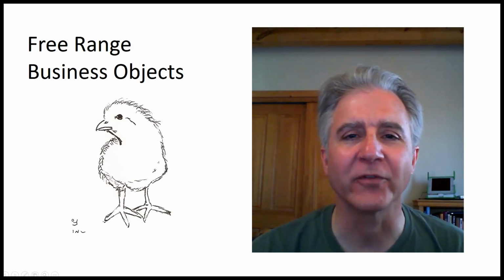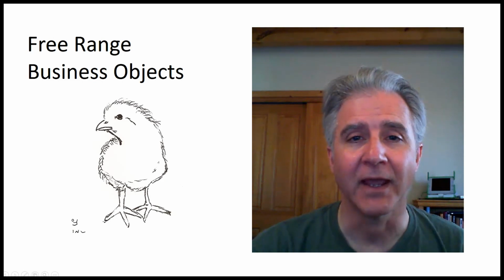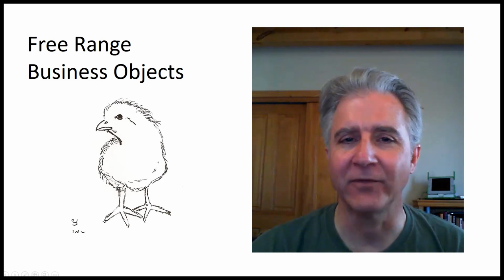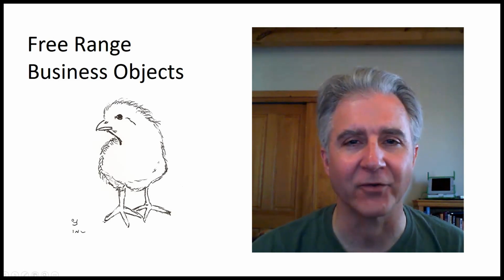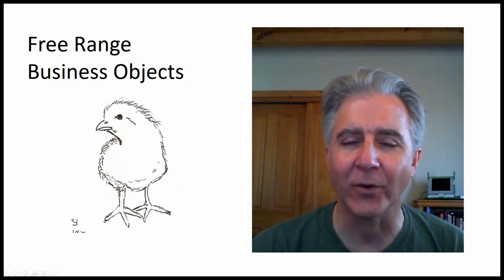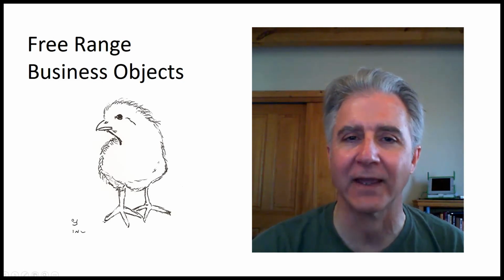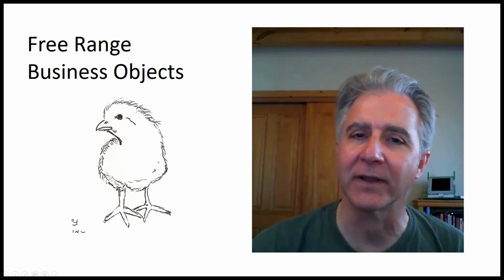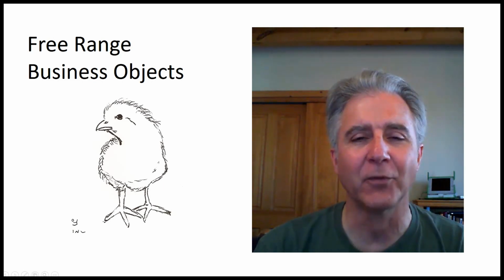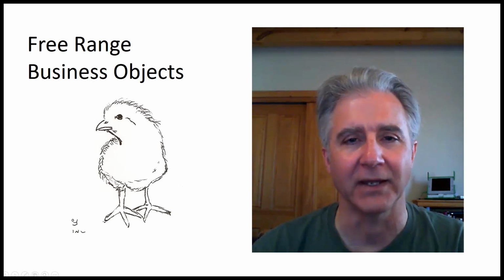Business objects are representations of real things. And real things are more than just data. So for example, if you have a business object that represents a contract, that contract, in addition to its data, also has a set of rules that govern that contract. So for example, in a business, you may be able to only sign a contract up to a certain amount of money.